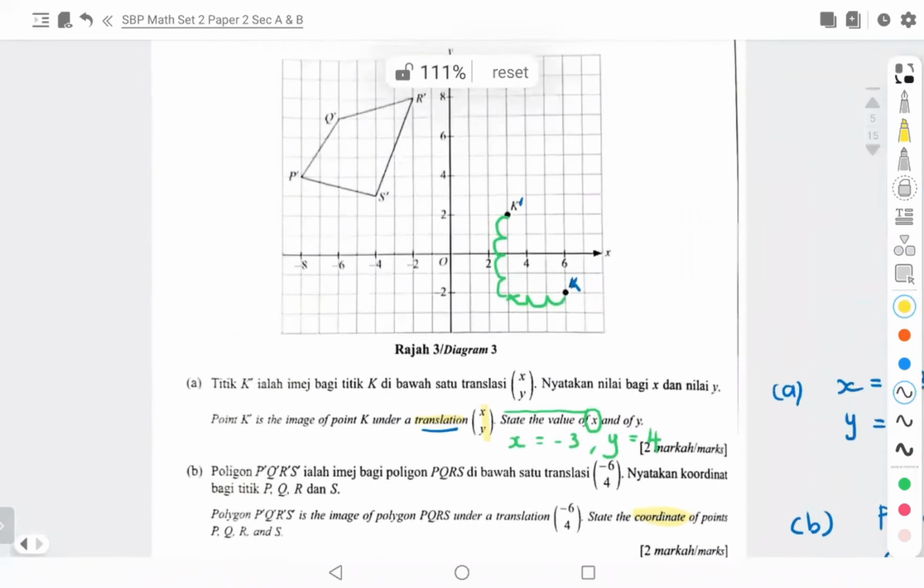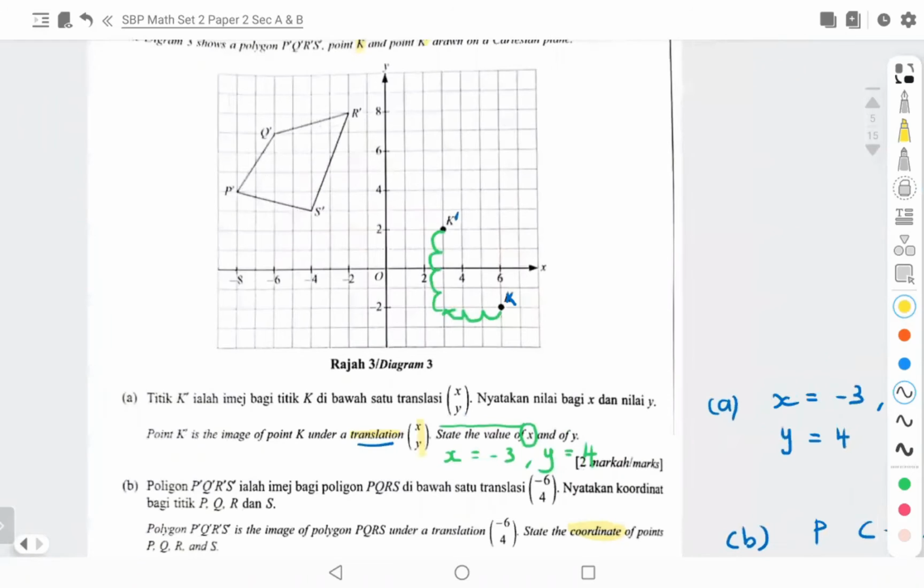Okay, we can draw out first. So 6 units to the right, 5, 6, and then 4 units downwards. 1, 2, 3, 4. So the original object P should be here, the blue color one.